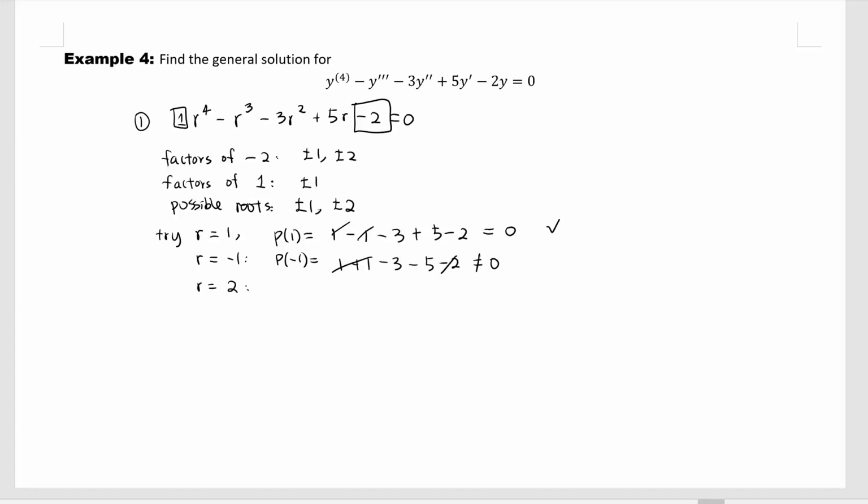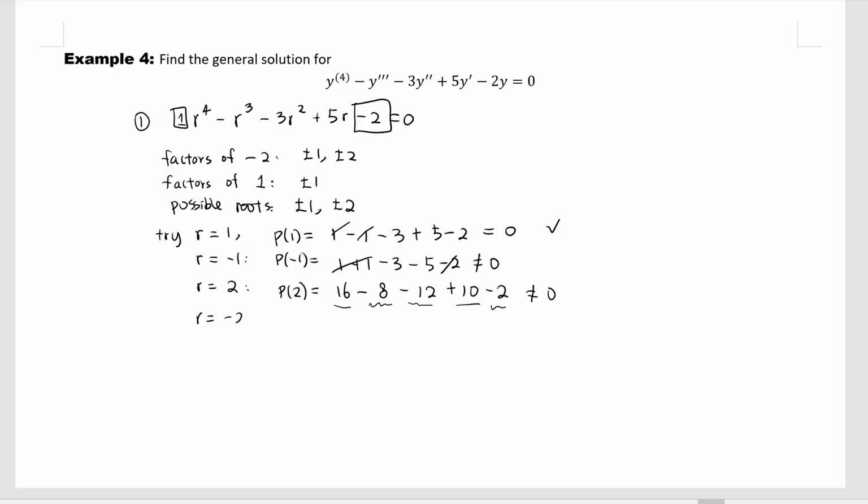Next, 2: 2 to the 4th is 16, 2 to the 3rd is 8, 2 squared is 4, 4 times 3 is 12, 2 times 5 is 10, negative 2. Alright, what's that? This plus this, 26. This gives us negative 20, negative 22. So it's not 0.